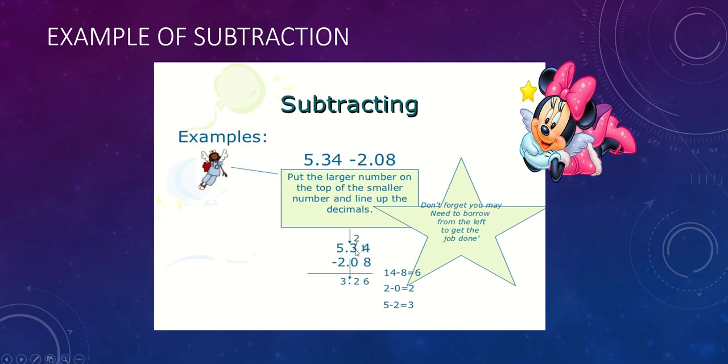That would reduce to 2 and this 4 will become 14. So 14 minus 8 is 6. Then 2 minus 0 is 2. Put point under point and 5 minus 2 is 3. I have written this. Here you have to do simple subtraction as you were doing in whole numbers.